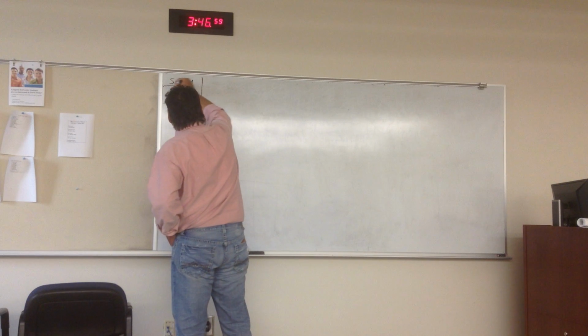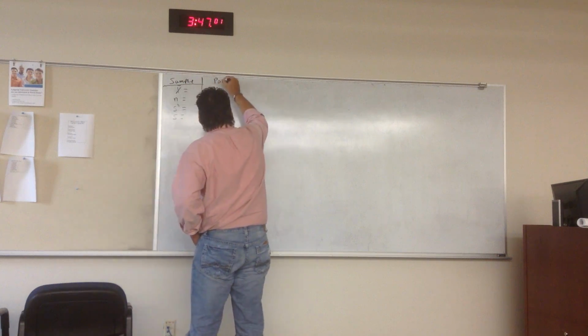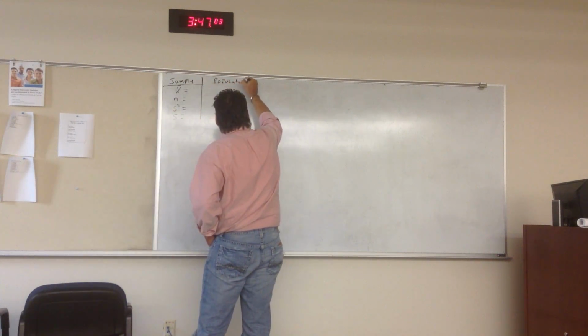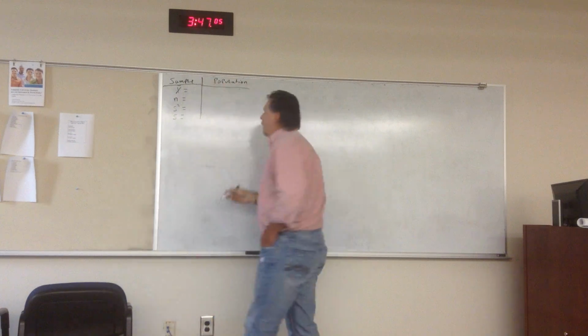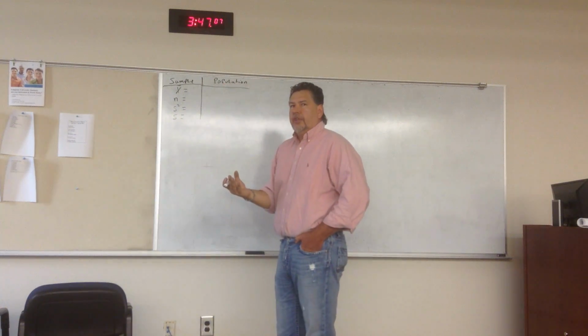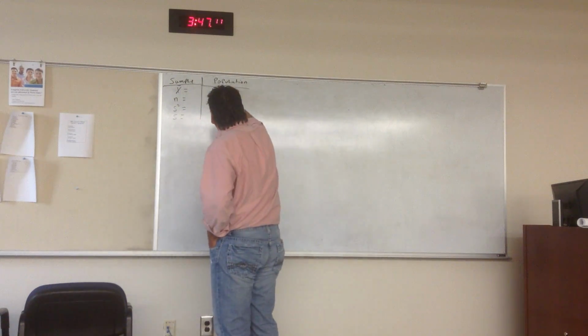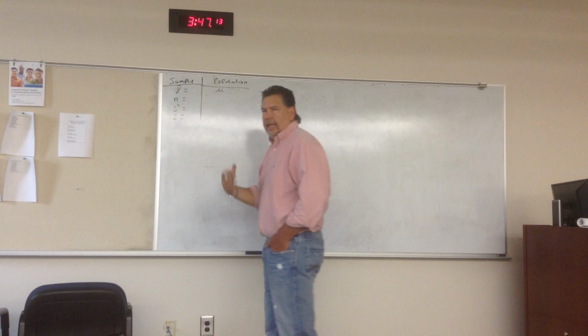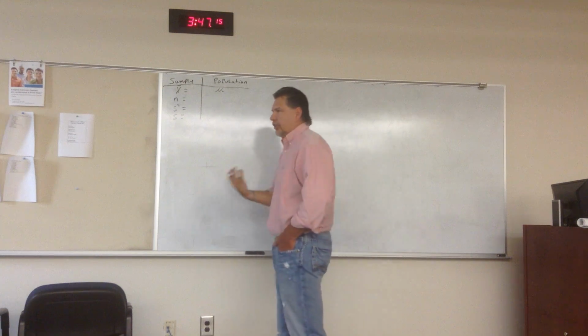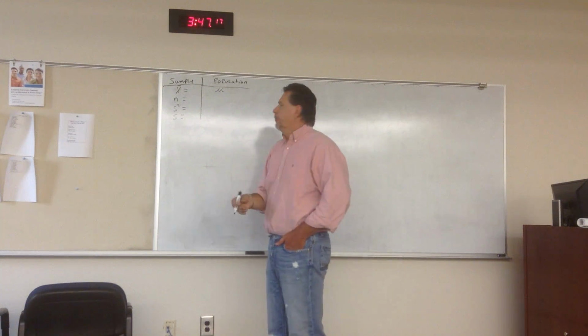Population. For our average, we're going to have the Greek symbol mu. It kind of looks like this, or an M, or some people think it looks like a U, but it's actually mu.